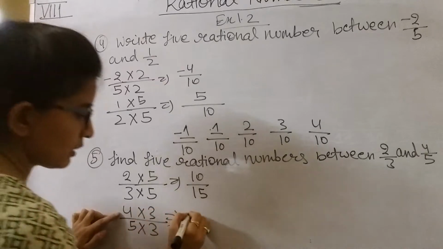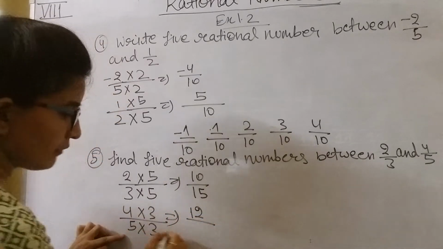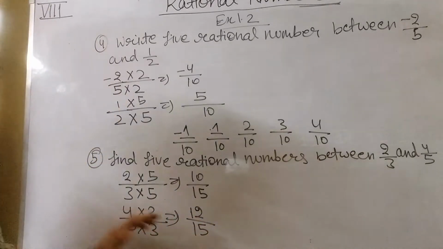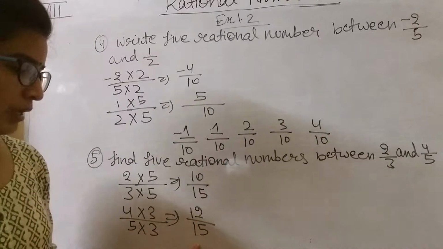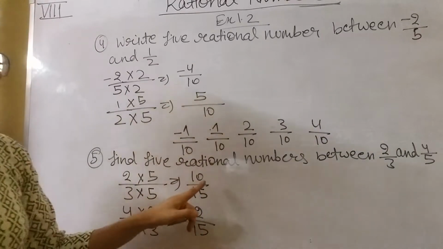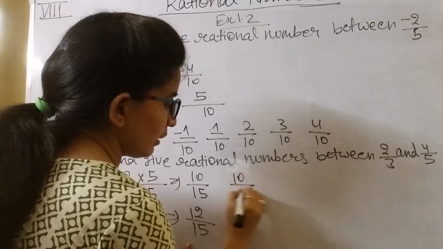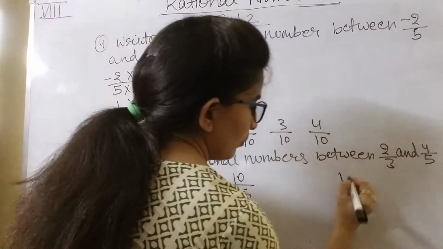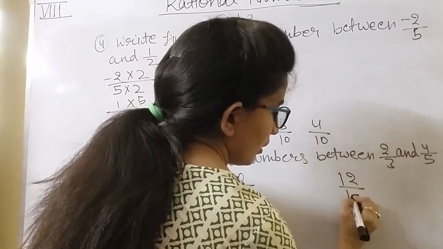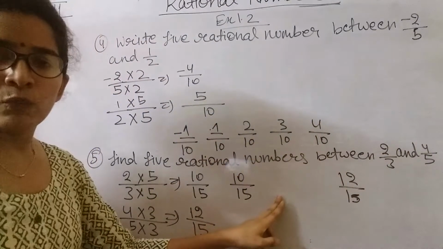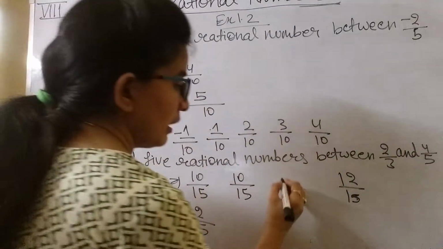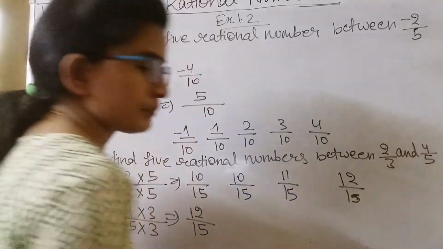That is 4 threes are 12 and 5 threes are 15. So after getting the denominators the same, we can see that between 10 upon 15 and 12 upon 15, there is only one number between them, that is 11 upon 15.